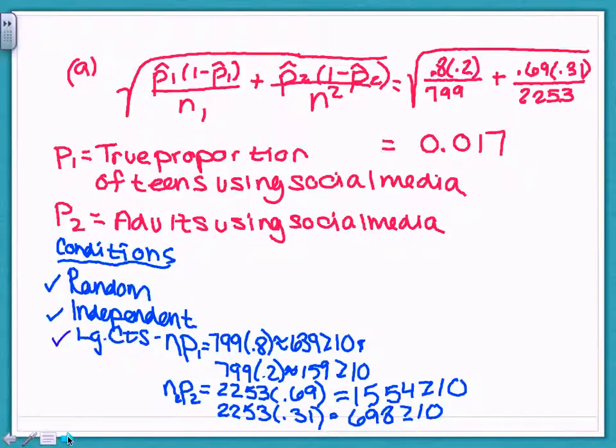So our large counts condition is met, and so we know a normal approximation can be used in this situation. Okay, and so now we are ready to run our confidence interval.